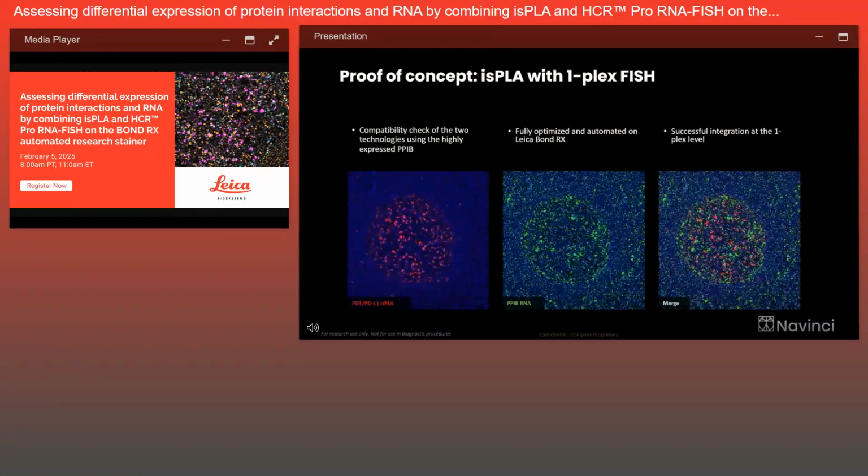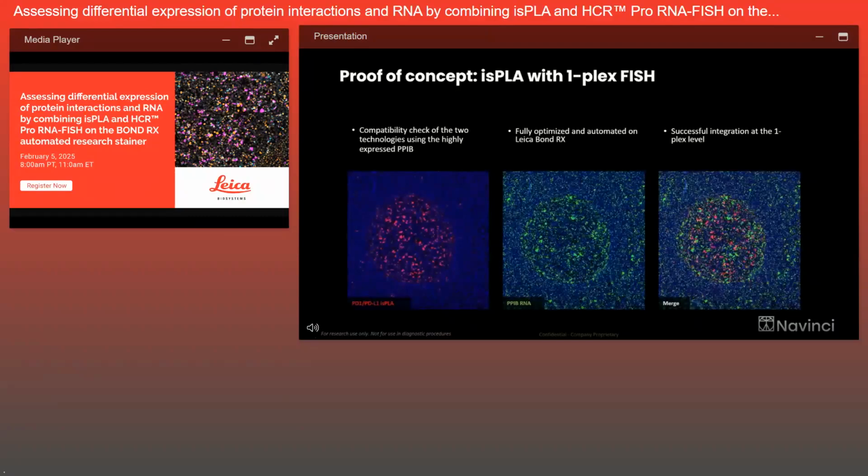So we can see here, this is a tonsil germinal center where we expect a lot of PD1, PDL1 signal. We can see in the middle image PPIB RNA across the tissue, and then we can see the merge of the 2. So by running the isPLA first, followed by the HCR Pro RNA FISH, we can combine the 2 technologies successfully.